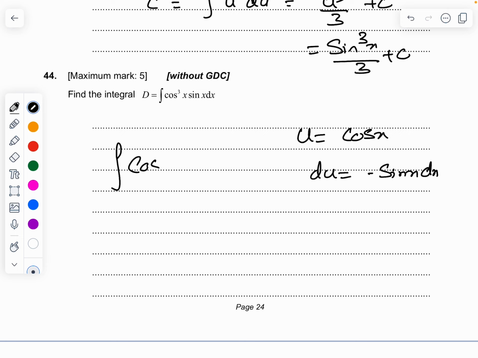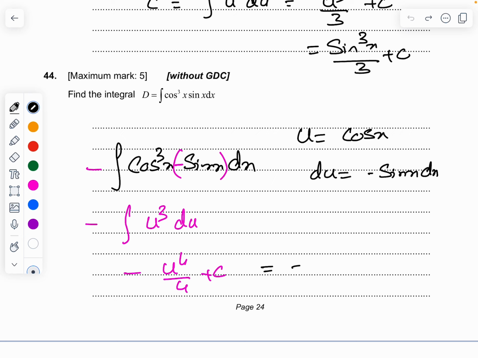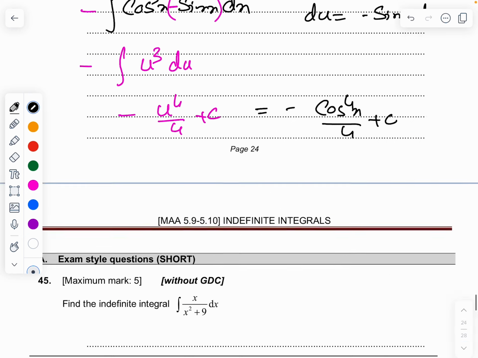Minus cos cube x sin x dx. So that minus and minus. So it will become minus u cube du. So minus u power 4 upon 4 plus c, which will become minus cosine to the power of 4 x upon 4 plus c.